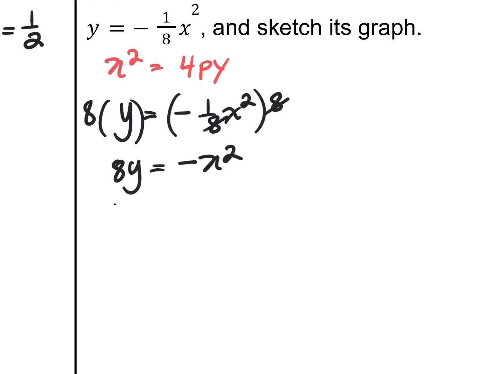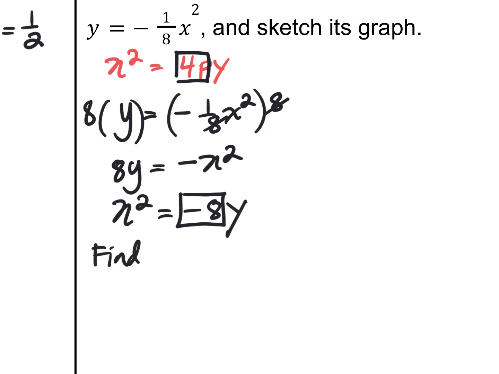To simplify further, that's going to give you now x squared is equal to -8y. Once again, the 4p here is going to be equal to -8. So let's equate that together and find the value of p. That's going to be 4p is equal to -8, dividing both sides by 4.